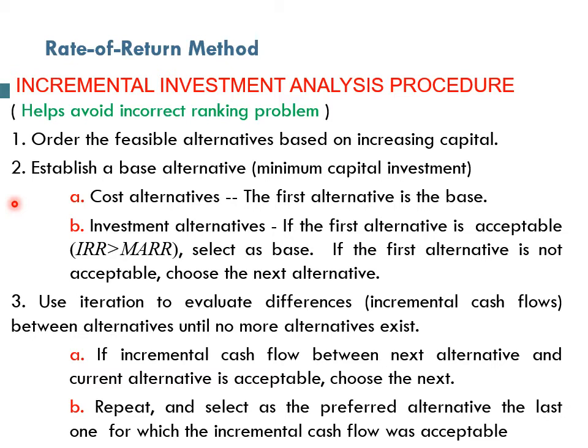We may rank the alternatives in a wrong way. The present worth or equivalent worth methods may provide a different ranking than the rate of return if we just try to select the project which maximizes the rate of return. And this is called the inconsistent ranking problem.